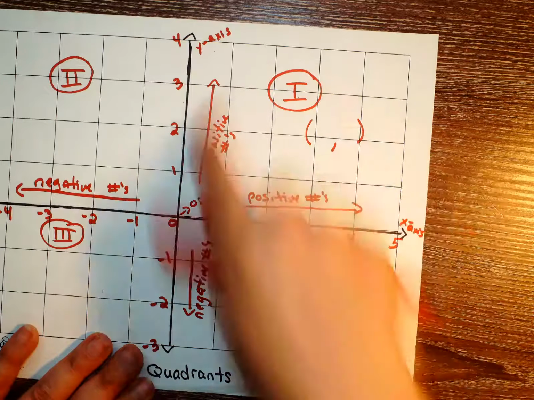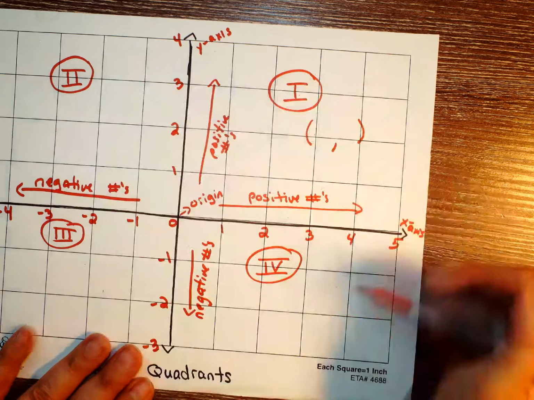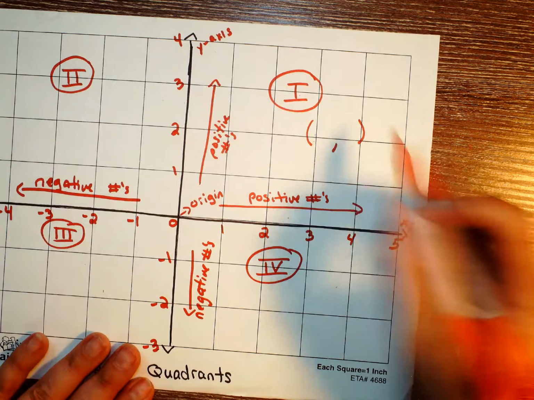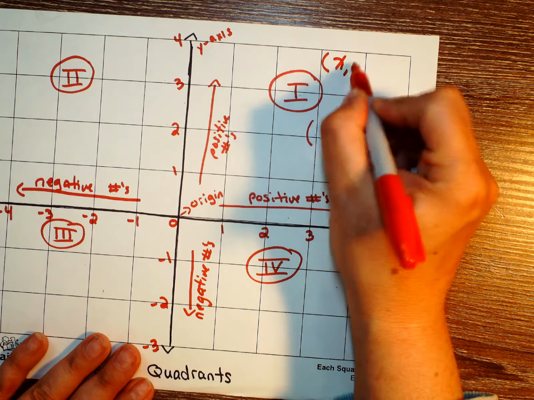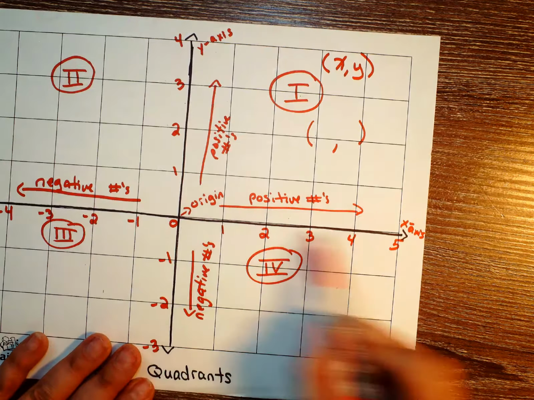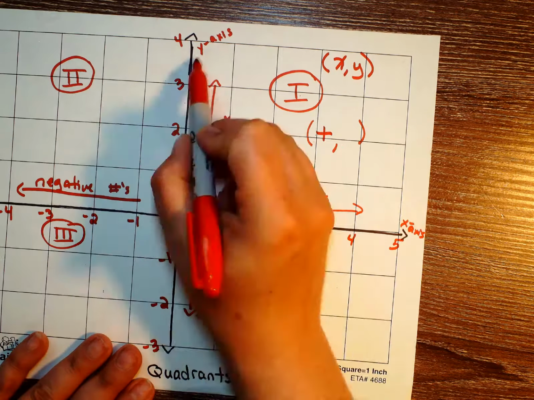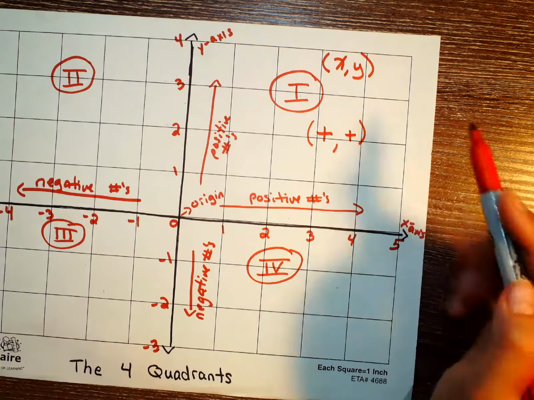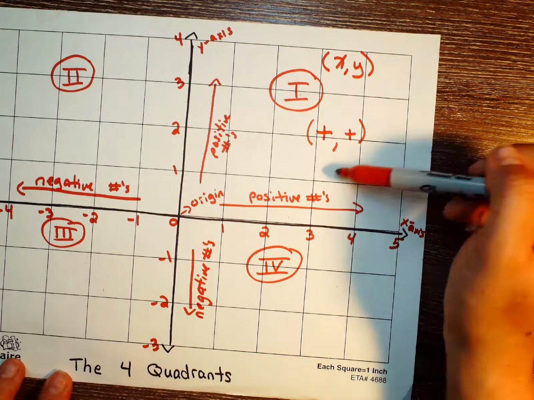Remember, your ordered pairs are always X comma Y. My X is positive, so I write a plus sign, and my Y is positive, so I write a plus sign. Any positive, positive ordered pair is going to be in this section.